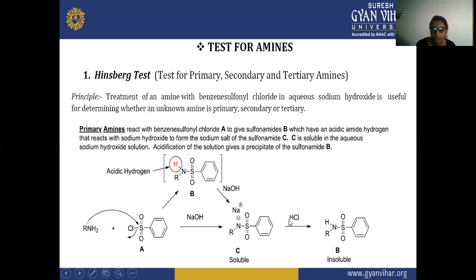This H positive will then react with this N negative, and there is a formation of this compound, and the Cl will react with this Na. So insoluble precipitates are formed in the case of your primary amine.